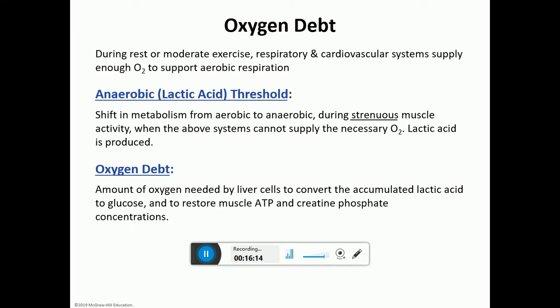That lactic acid will be transported through the bloodstream to the liver, and in the liver, it'll be converted back into glucose. In order for that to happen, the liver needs oxygen. It also needs energy, and that is known as the oxygen debt. So the amount of oxygen the liver needs to change that lactic acid back into glucose is known as your oxygen debt. Okay.